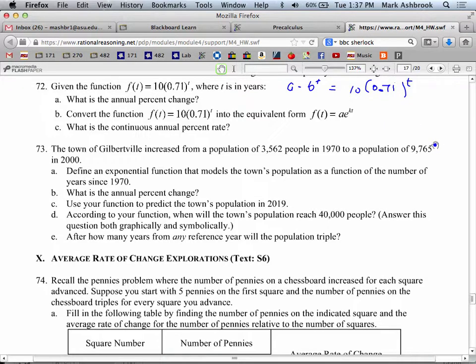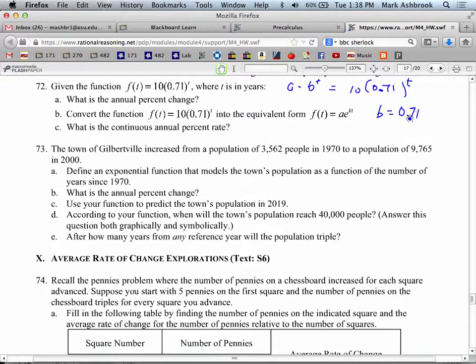Okay, so what's the annual percent change? How are we going to find that? So you're saying that the value of b is 0.71? No, it's 29%, the annual percent change. But b isn't the annual percent change.